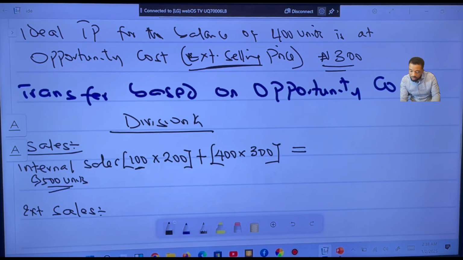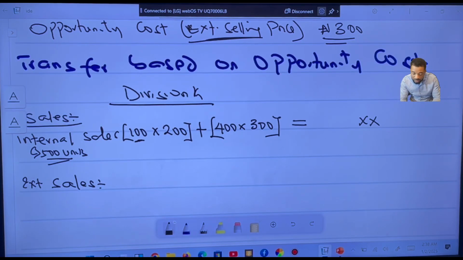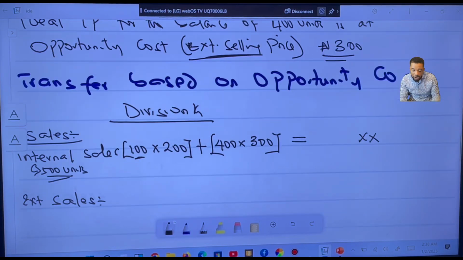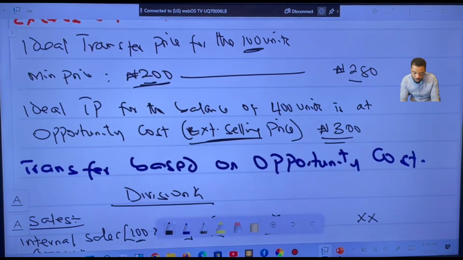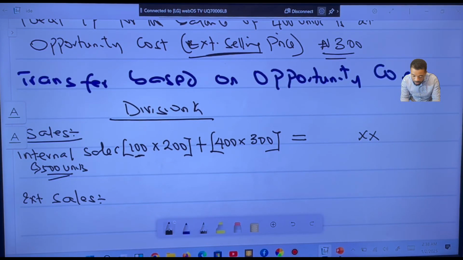And so this will give me external sales. I've given them 500 out of 1,200. So 1,200 minus 500 should be 700. So 700 will now go to external, and so I would have 700 units multiplied by the external price, 300.